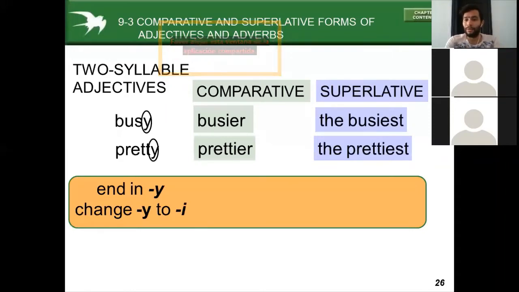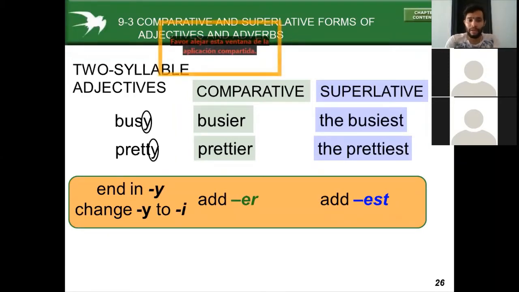So this is what happens then. When we finish in Y, we change it to I, and then we add -er for the comparative and -est for the superlative. We have other examples, like for example, crazy. We say crazier. We don't say more crazier, right? We say crazier. In the superlative, the craziest.